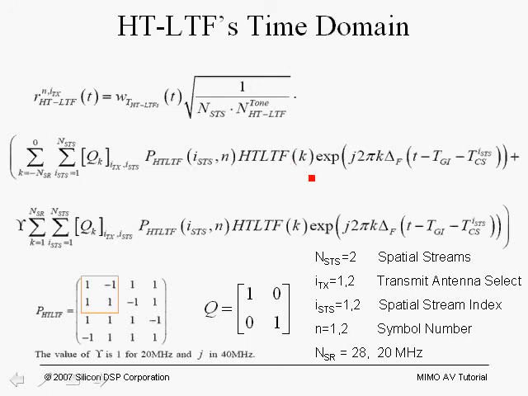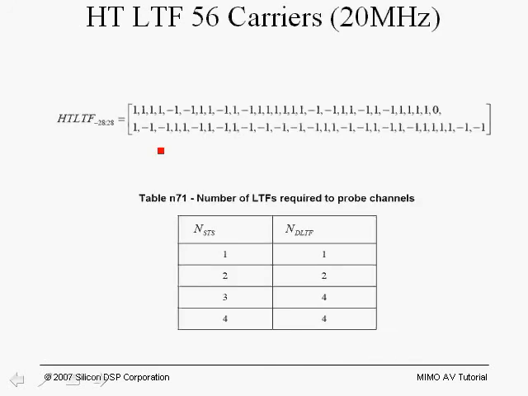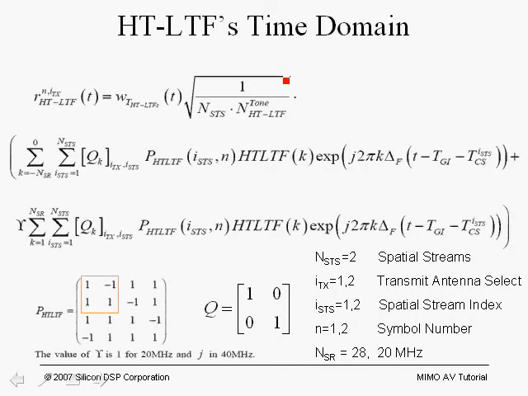HTLTF, which is indexed over K, for a 2 by 2 case is a subset of the 4 by 4 P matrix. Again, we have an overall 4 by 4 in order to accommodate 4 spatial streams. So as we index through ISTS and N, we just pick out the value from the P matrix over here. HTLTF, of course, is shown over here. So as K is indexed from minus 28 to plus 28, we pick out a value from HTLTF from here, and that'll either be a plus 1 or a minus 1 or 0 at DC.